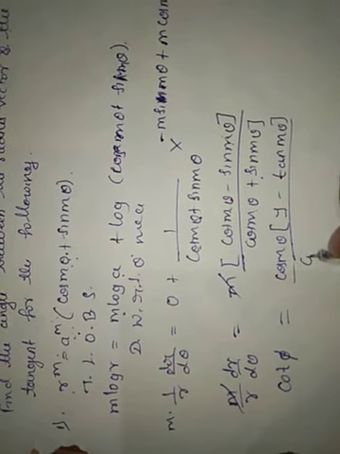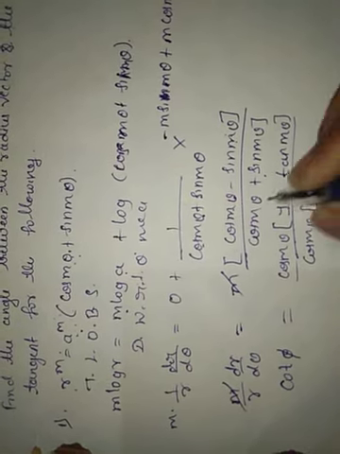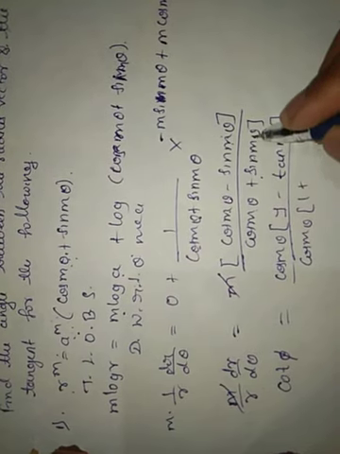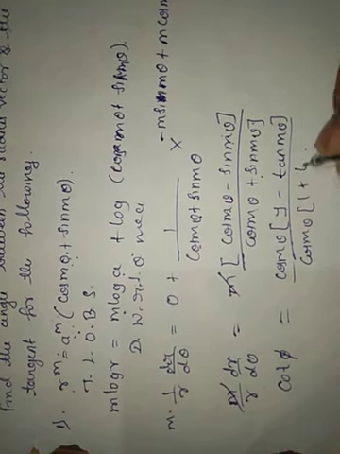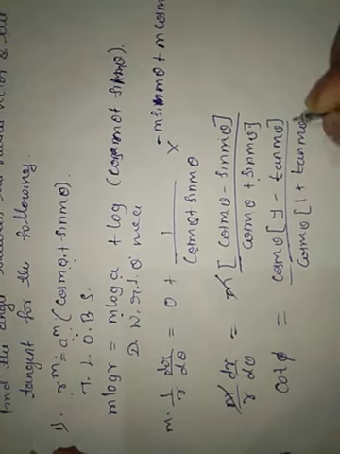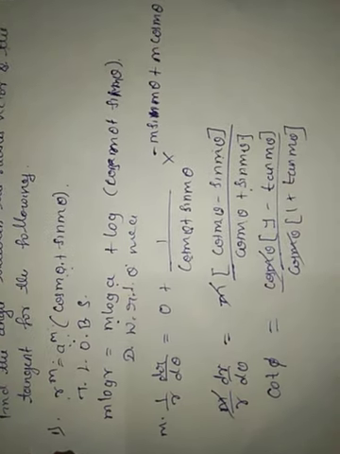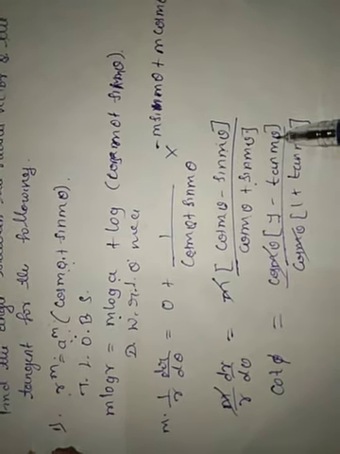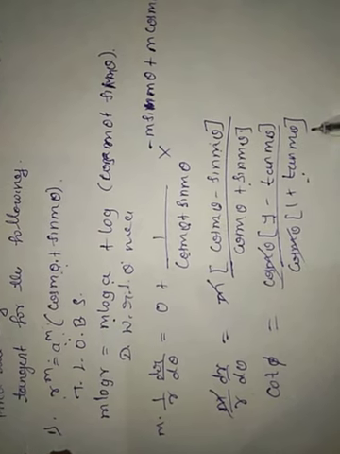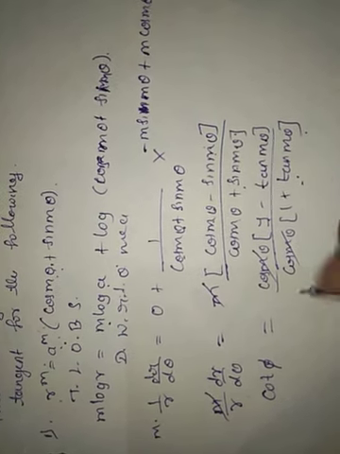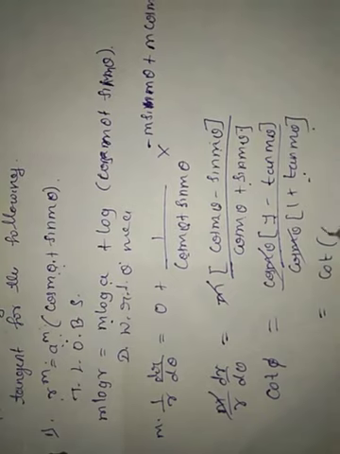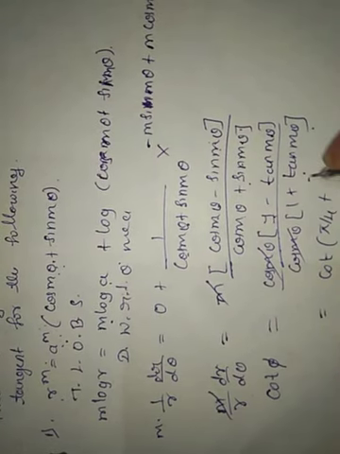In the denominator also, take cos m theta as common; the remaining is 1 plus sin m theta divided by cos m theta, again tan m theta. Cos m theta gets cancelled. 1 minus tan m theta divided by 1 plus tan m theta is nothing but cot of pi by 4 plus m theta.